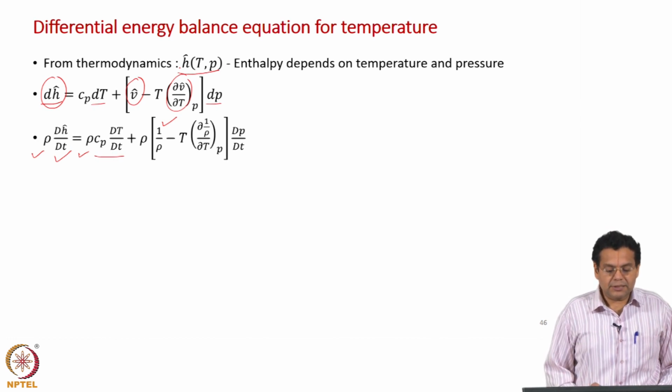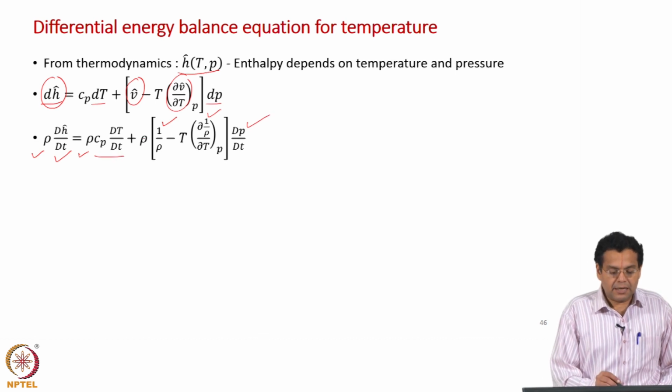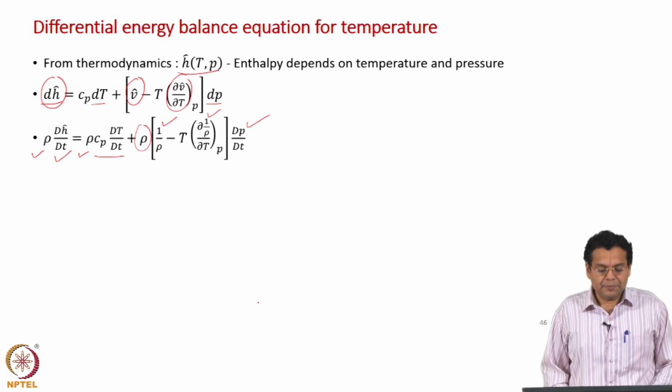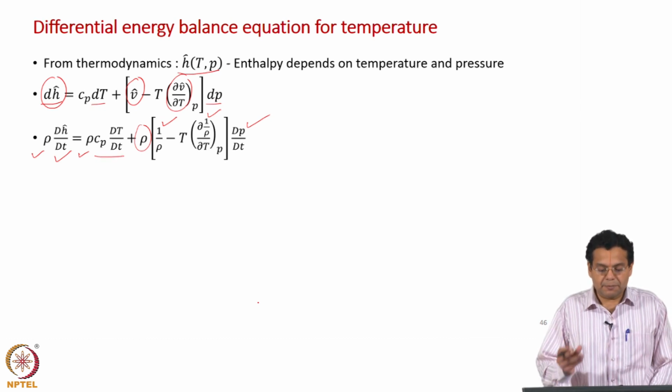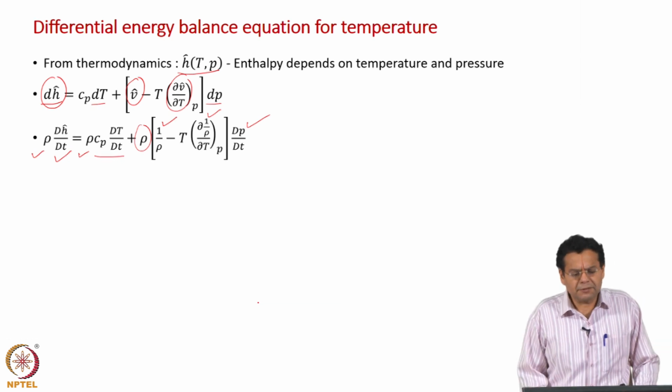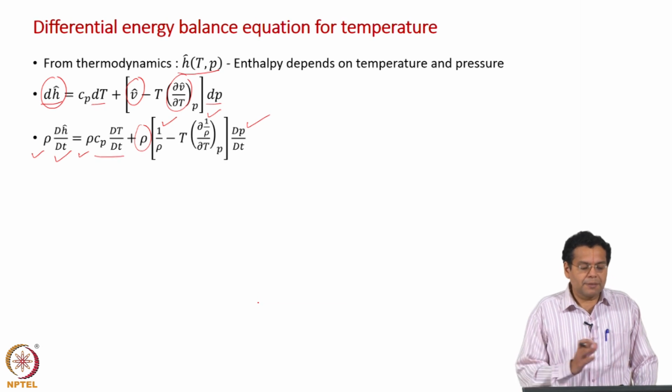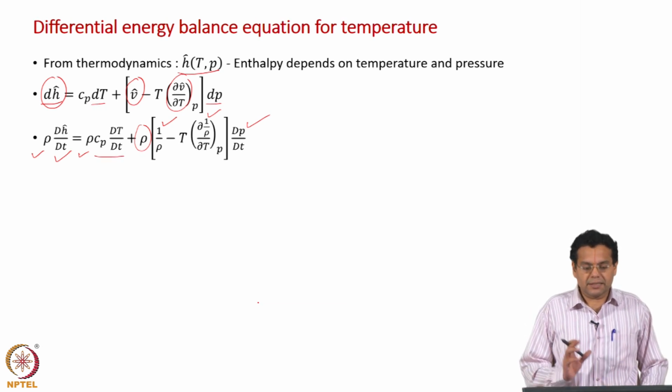We will express once again the specific volume there in terms of density, 1 by rho, and we have dP by dt, and then of course multiplied by rho. So, the thermodynamic relationship has been expressed in terms of substantial derivative, number 1. Number 2, the specific volume has been expressed in terms of density; we have multiplied by density both the left hand side and right hand side.